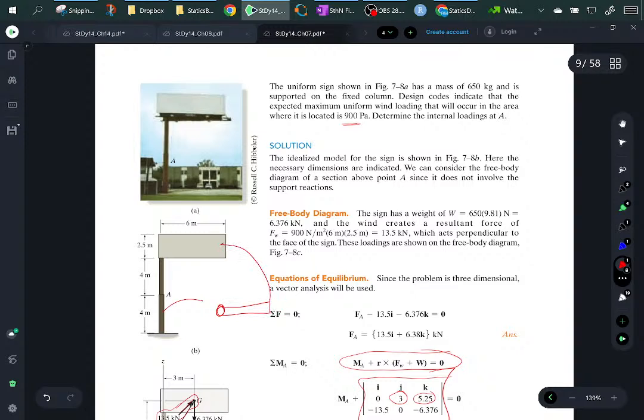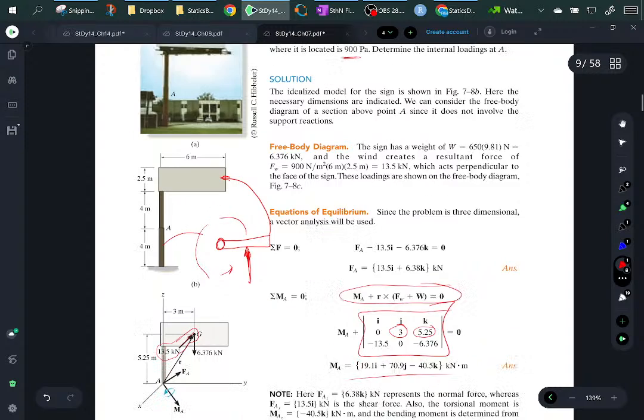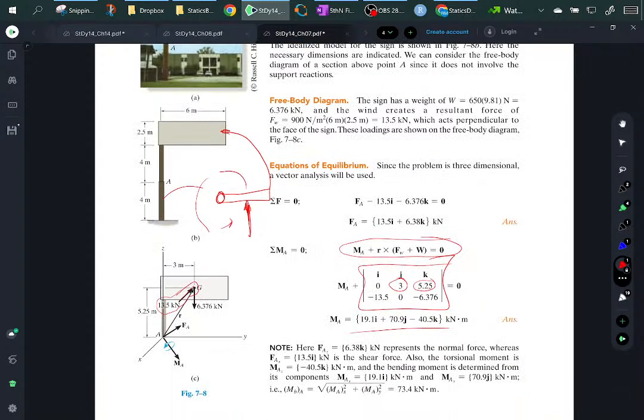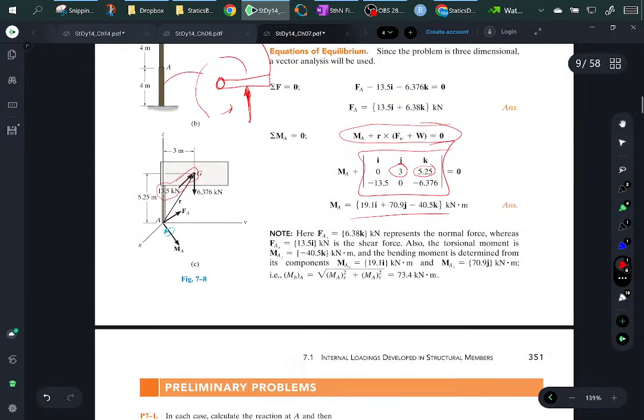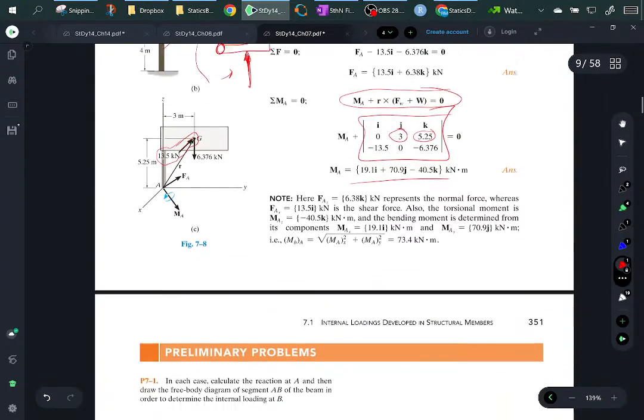The air pushes on it and twists it around its post like that. So that's why you have an extra moment here. Ordinarily, you would not have that extra term.